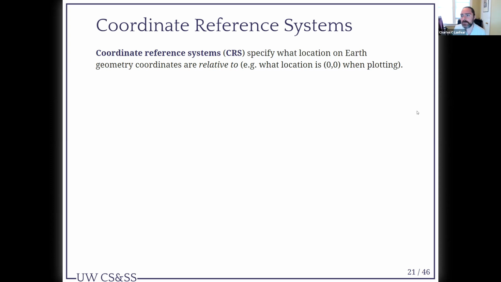And then the CRS also defines one additional thing, which is the sphere that your data has been projected on or off from. So you might be working with spherical data, or with flat projected data, like a Mercator projection. These things are all contained in the CRS that's stored in the geom column.